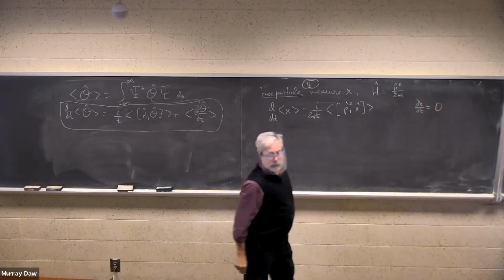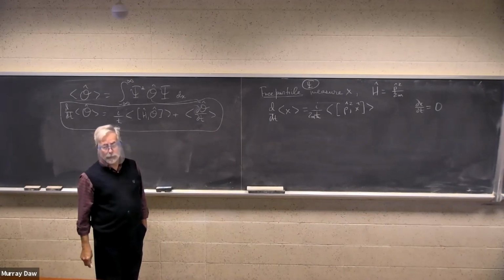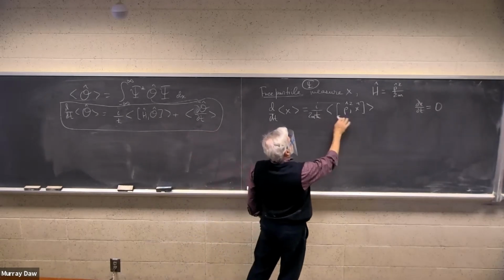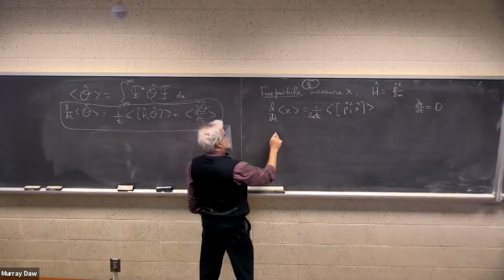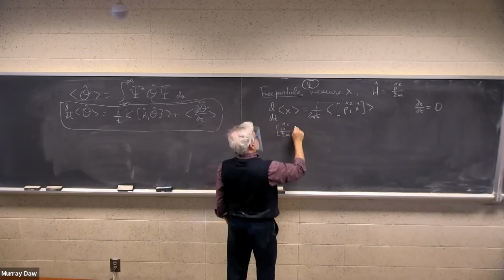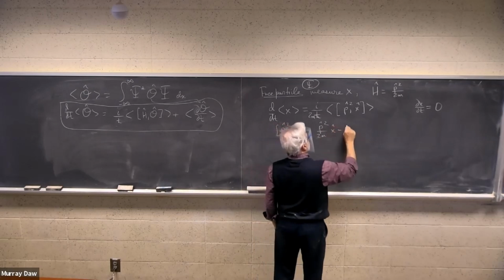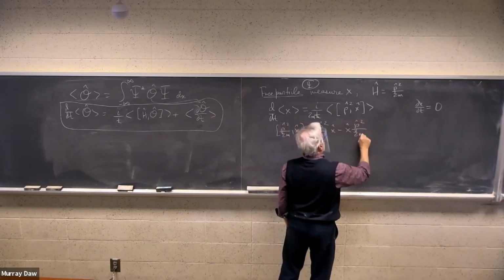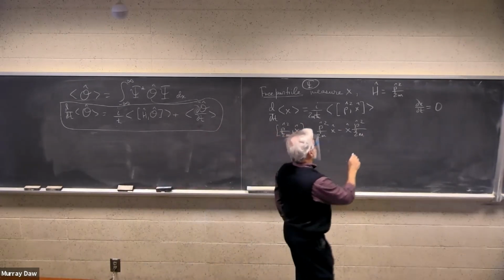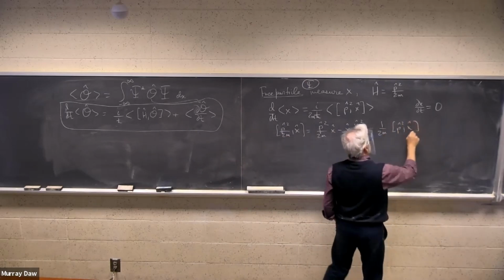No explicit time dependence in x as an operator. Are you okay with me pulling out the constant here? Remember, if you have a commutator of p squared over 2m with x, I can pull out the factor 1 over 2m. This is a constant that passes through all the operators. And then I'm left with this commutator of p squared with x.